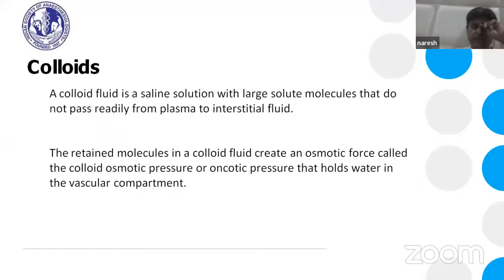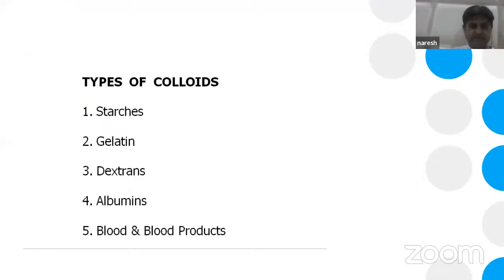Definitely it helps in maintaining tissue perfusion, but it has drawbacks also, which we shall discuss in the coming slides. The colloids we use are starches, gelatin, dextrans, albumin, and blood products. Gelatins were introduced earlier, but they had some allergic reactions, so they have been overtaken by the starches. Nowadays we mostly use starches.